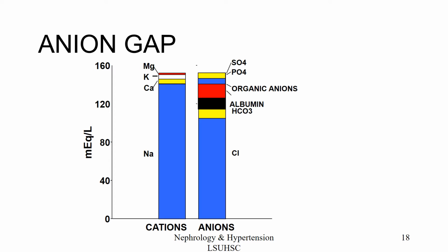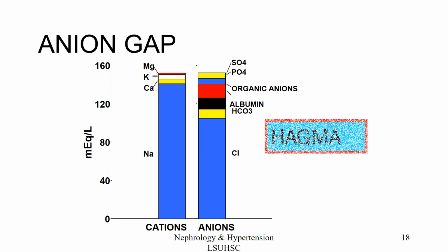The chloride levels are not changed, but now the sum of chloride plus bicarbonate is going to be much lower, and the difference between the sodium and the combination of chloride and bicarbonate is going to increase and contribute to a high anion gap metabolic acidosis.